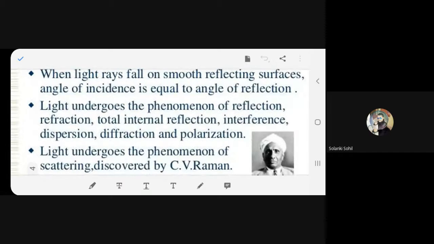Light undergoes the phenomena of... Beta, don't read phenomenon wrong. If you do not know, ask me, but don't read it wrongly, okay?